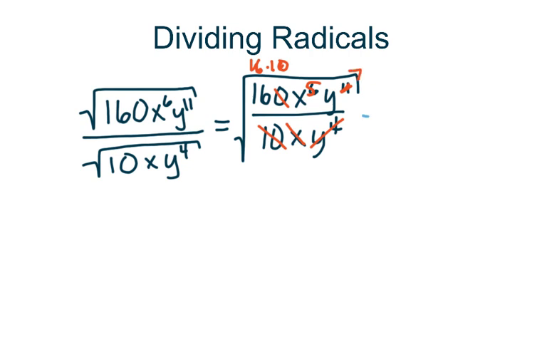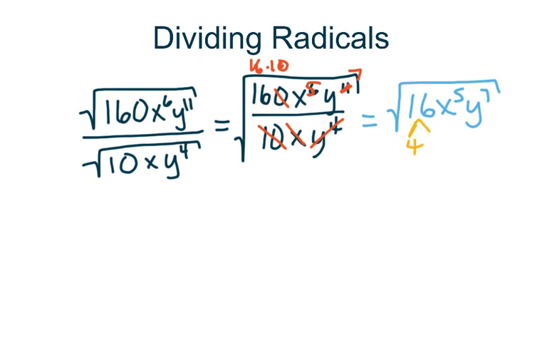Now, once we are simplified, we have nothing left in the bottom other than a 1. There's always a 1 there. But we have the square root of 16 x to the 5th y to the 7th. So now let's simplify.